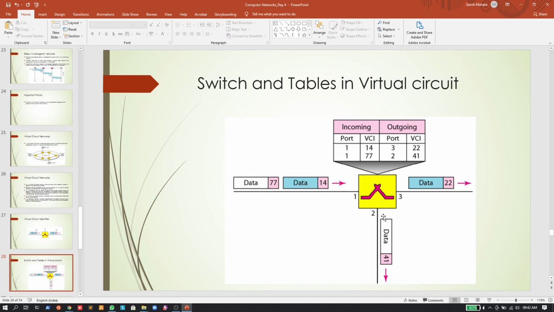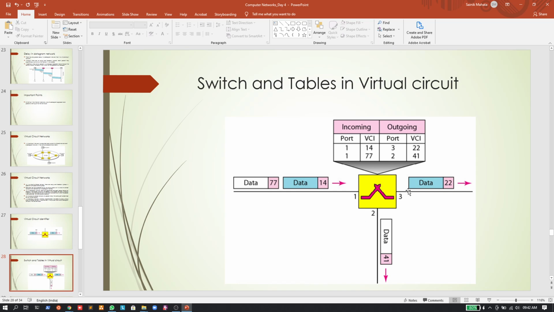The data packet that is exiting from port number 2 has the VCI address 41, and the packet that is exiting from port number 3 has the VCI number 22. So whatever packet is outgoing from port number 3 will have the VCI as 22. Now, this is for the single switch.